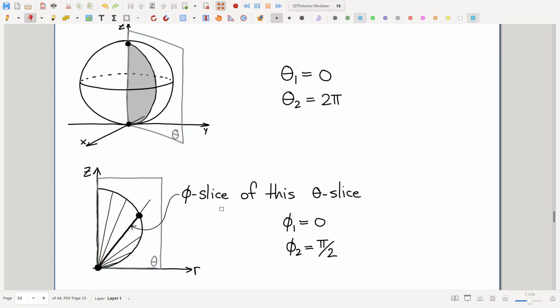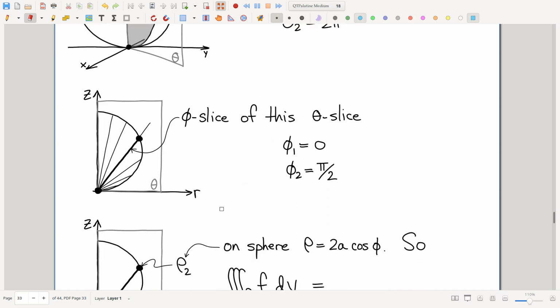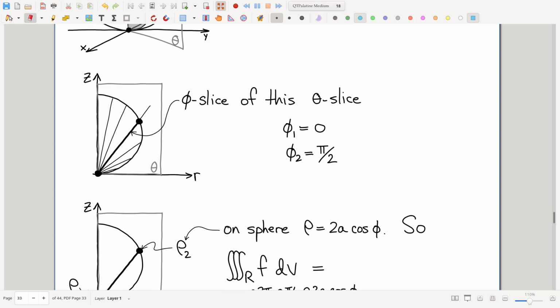Okay, so let's make phi slices. Now keep in mind, phi emanates out of the origin. All right, so this is what a phi slice sort of looks like, about like that. And we can talk about first and last of these various slices, all kind of like this.